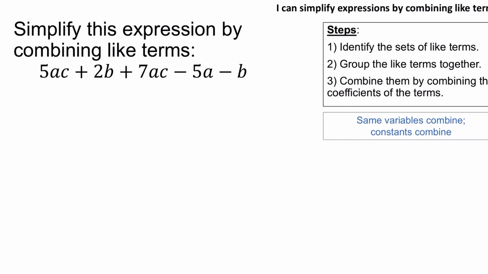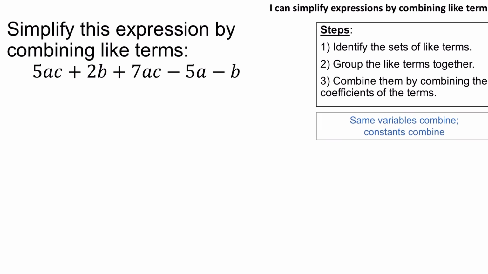Now let's try simplifying 5ac plus 2b plus 7ac minus 5a minus b. So now we're going to go through and identify this first term and look for any like terms. Like terms have to have the same exact variables. So I can only combine this with this term that has an a and a c in it. It cannot combine with this a term because that does not have the exact same variables.